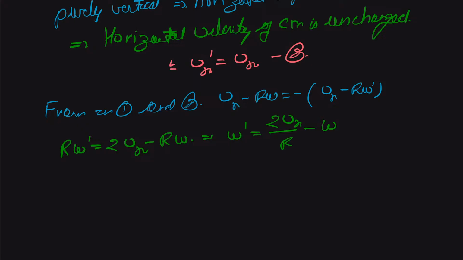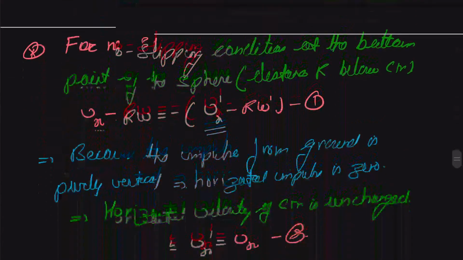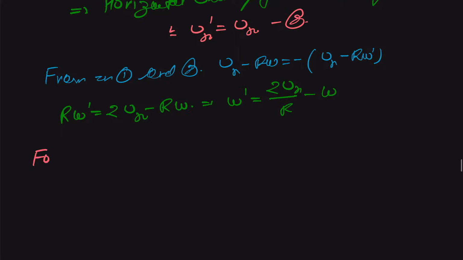And for repetition condition, we have already said that Vx prime should be equal to minus of Vx and omega prime should be equal to minus of omega. Okay, so these are the two repetition conditions.